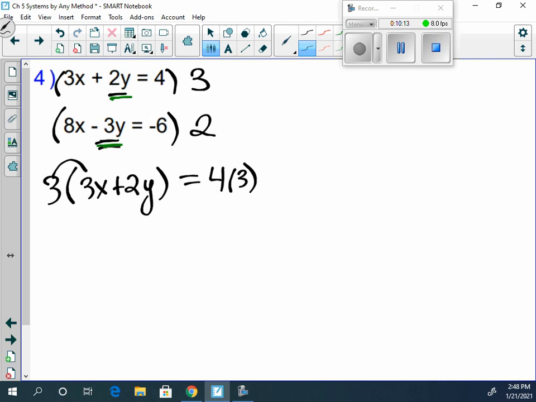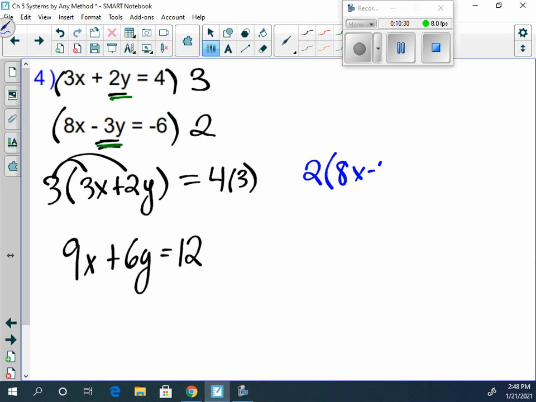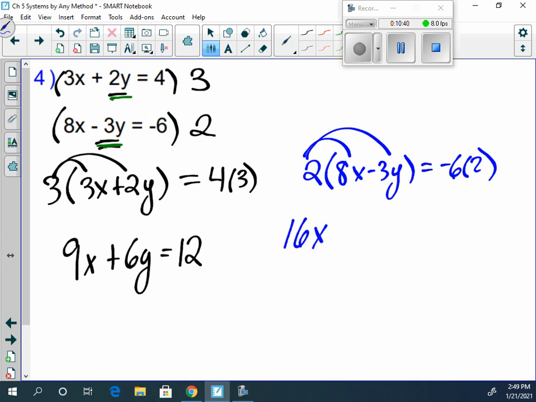Three times 3x is 9x. 3 times 2y is plus 6y. And 4 times 3 is 12. Now we're going to multiply the bottom equation by 2. And again, we multiply through by 2. 2 times 8x is going to be 16x. 2 times negative 3y is going to be negative 6y.